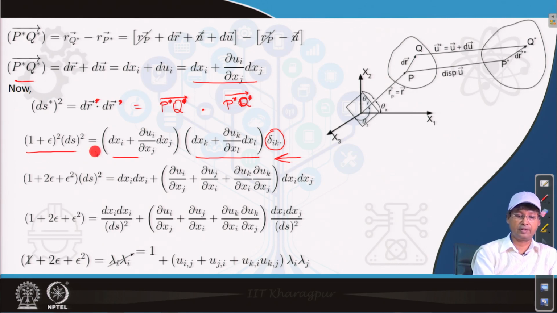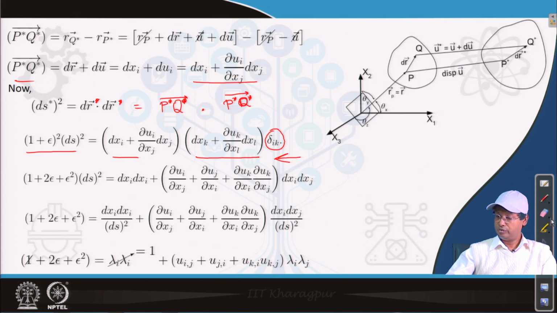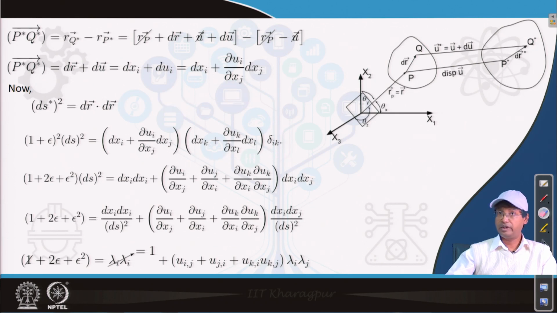From here we found ds star square, which is nothing but the dot product of these two vectors p q, and those two vectors we have found out using tensor calculus, and we come across some relation between the strain and displacement variables involving u i j, where i j varies from 1 to 3. So, with that note we move forward to the next slide.